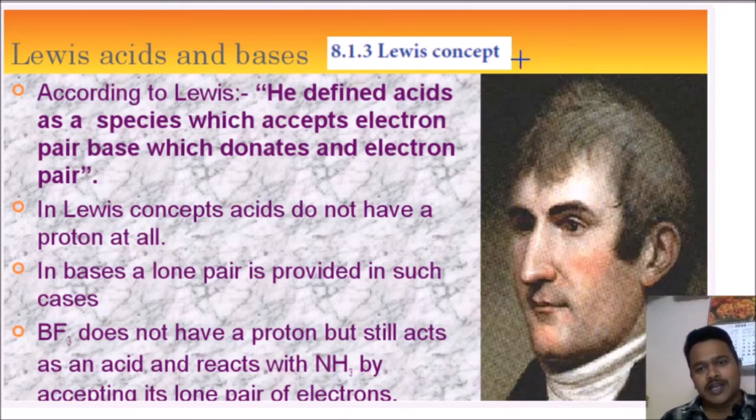This scientist came to explain acids and bases in a different manner. He defined acids as species which accept electron pairs, and bases as species which donate the electron pair. One is accepting, the other one is donating. In the Lewis concept, acids need not have a proton at all.